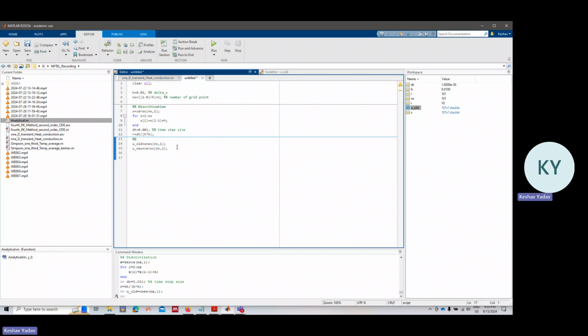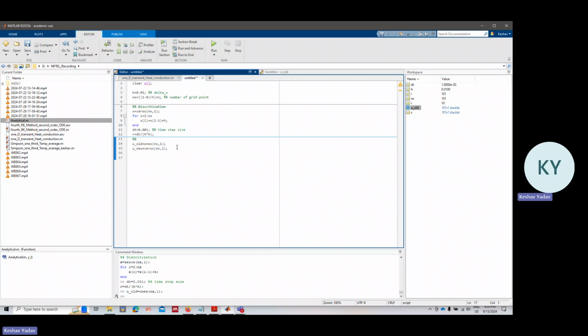Now in the problem it has been written that I need to solve the partial differential equation up to steady state. Okay. So steady state means the solution will not change with time. Means that the solution at, suppose, time equal to n is converged. It is not changing. So at that time, the solution at time n minus 1 will be almost equal to the solution at time n.